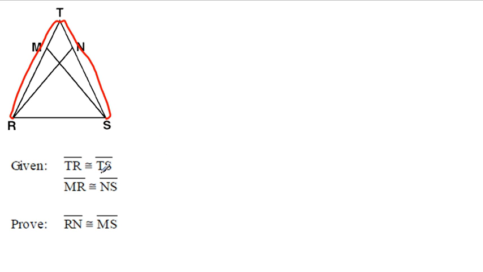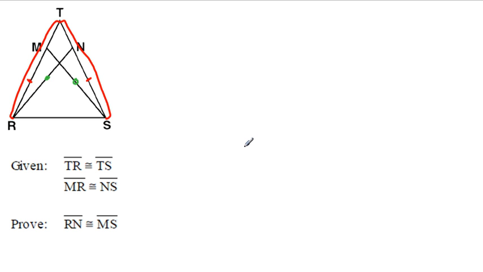And NR, which is the bottom portion, is congruent to NS, which is also another bottom portion. Now, ultimately, what we need to prove was the line segment RN, which means this line segment must be congruent to MS, which is this line segment. All right, so which two triangles would you like to prove to be congruent?